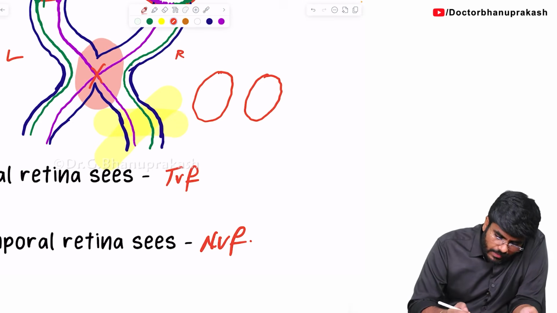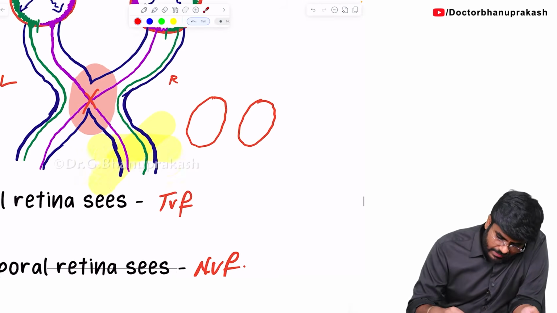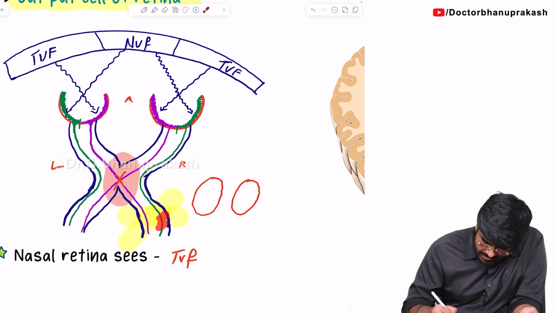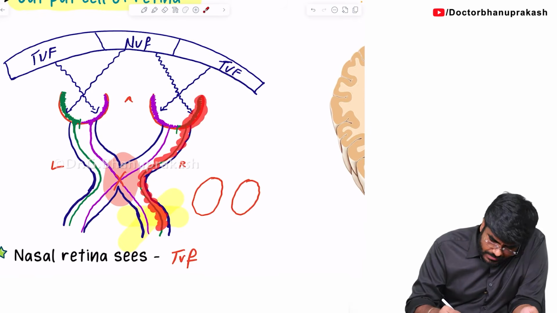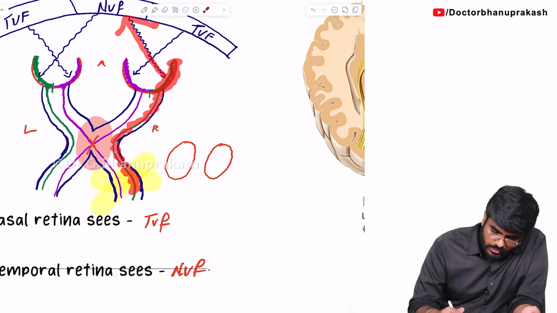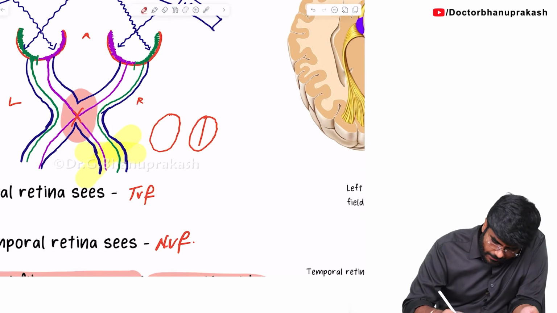Now tell me, in one eye, which visual field will be lost? In the right eye, this fiber is affected, so the nasal visual field is gone.